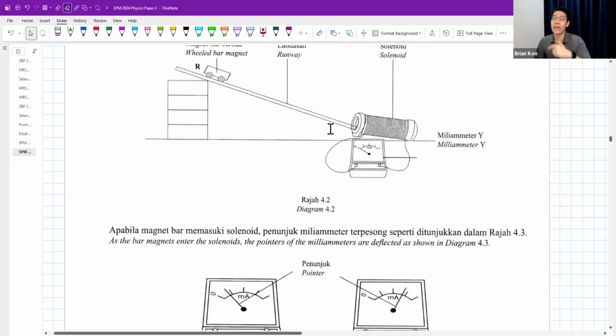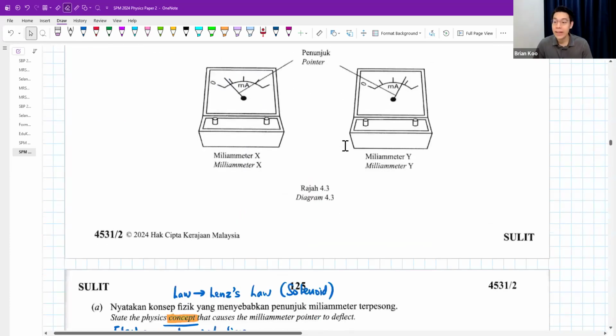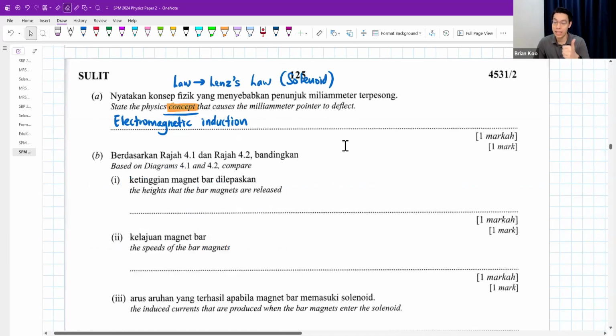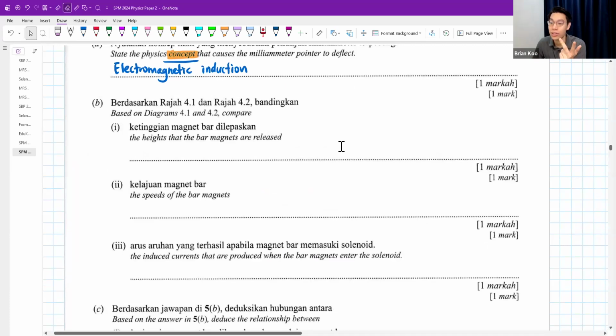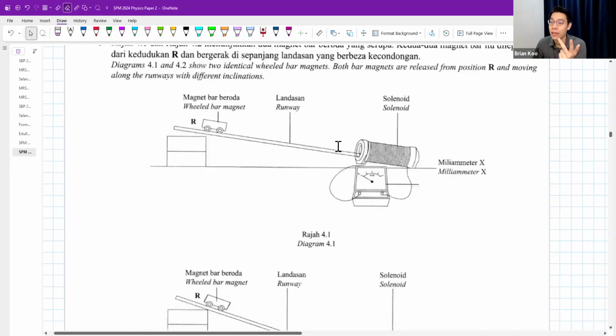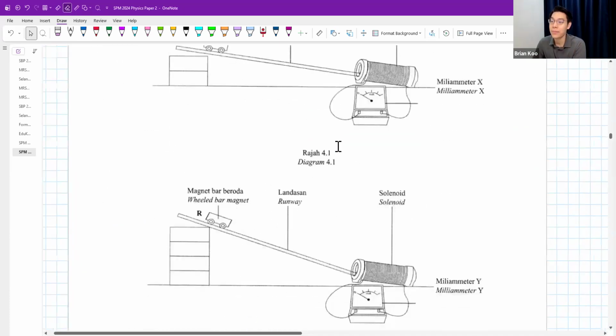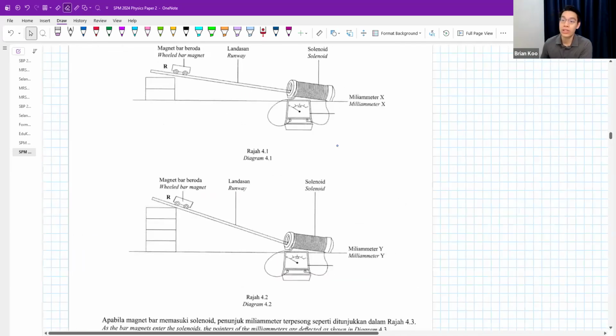The solenoid had no current, but suddenly when the bar magnet goes in, it suddenly has a small current, right? And then they asked to compare the height released, the speed, and also the induced current produced. Okay. The height in diagram 4.2 is greater height here.